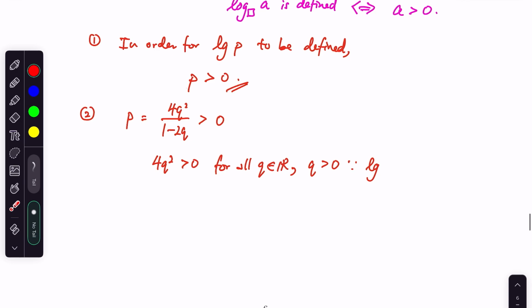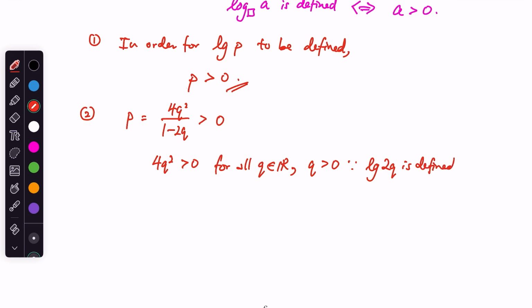2q is defined. Okay, so because the numerator is positive, that means the denominator should also be positive. Let's write this down.